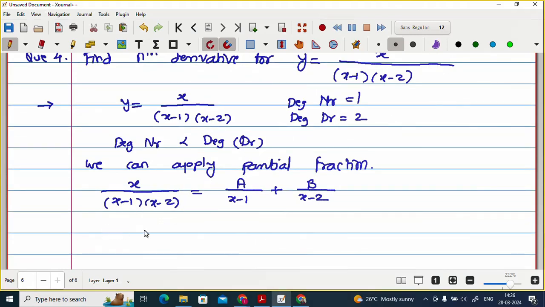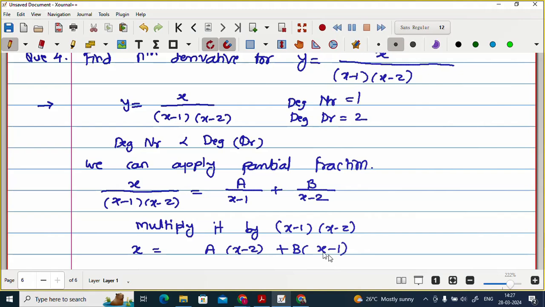So for that, let us multiply both the sides by x minus 1 into x minus 2. So it is x is equal to a into x minus 2 plus b into x minus 1.